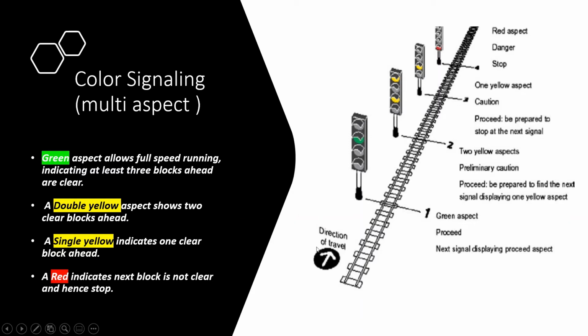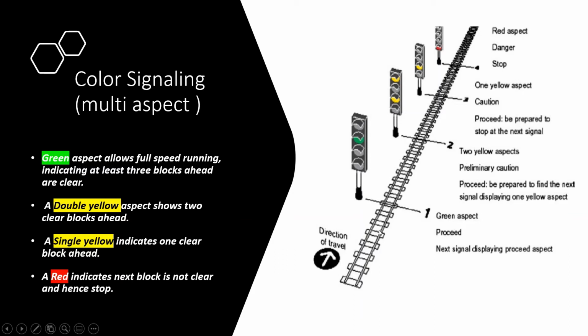Let us visualize that the train is entering from this section to section 1. While entering section 1, it notices that a green signal is indicated. So the driver understands that three blocks ahead of this section are very clear, so that I can proceed with the maximum speed.